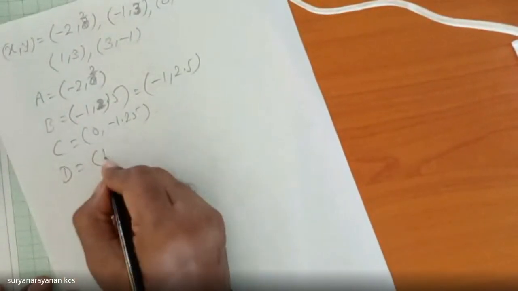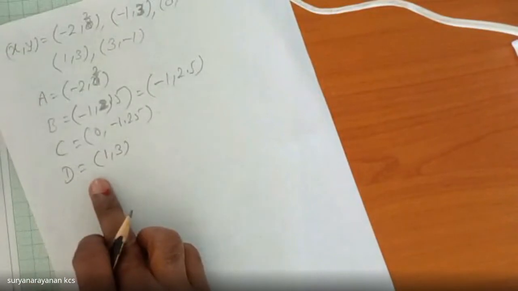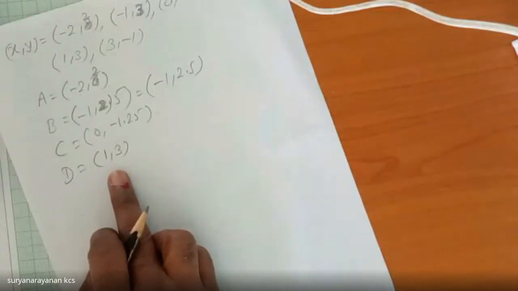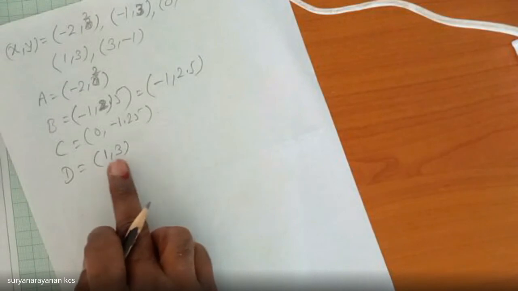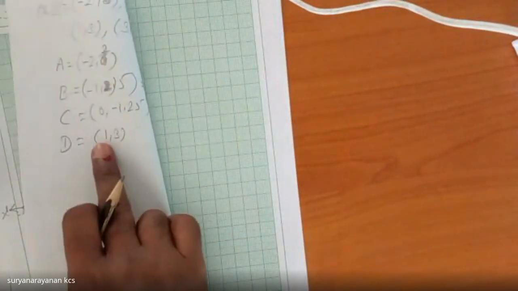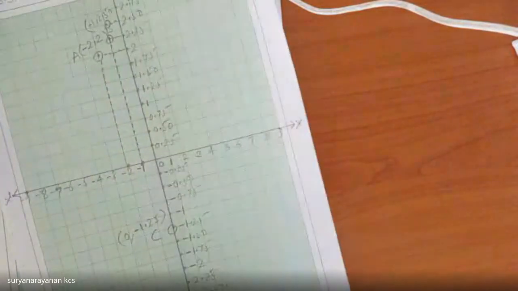Now point D, 1 comma 3. Sir, as I don't have 3, I marked it as 2.5, sir. Take 2.5. Bibina, you can take 2.5. Y coordinate 2.5. So x coordinate is 1. X coordinate is 1 here on x axis.